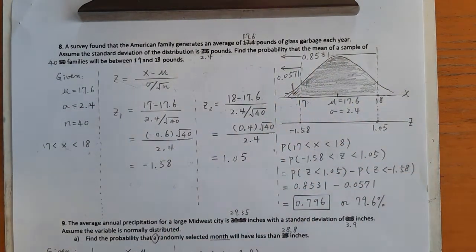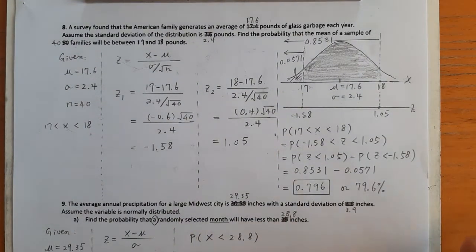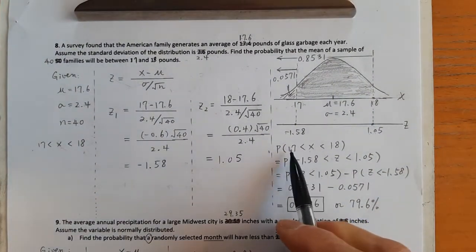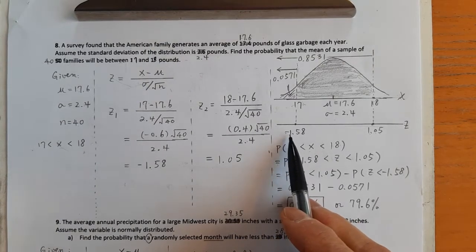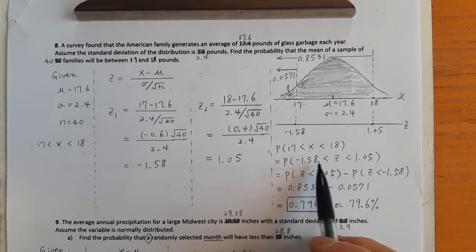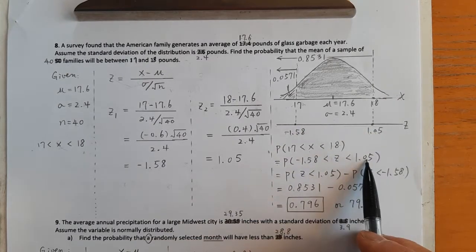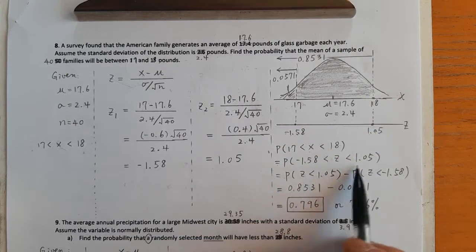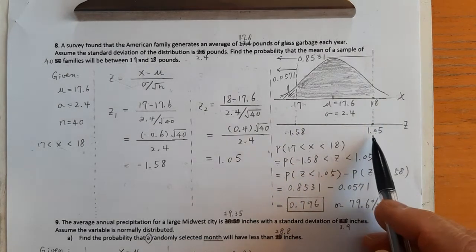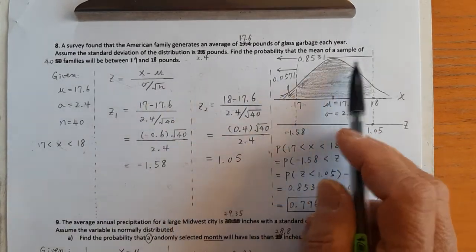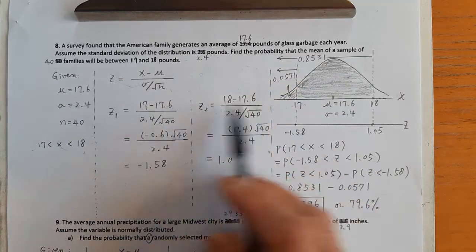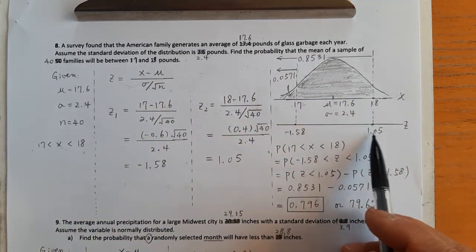So the probability of x between 17 and 18 is the same as the probability of z-score between negative 1.58 and 1.05, which is equal to the probability of z less than 1.05. The table gives you the total area all the way down, to the left of 1.05.